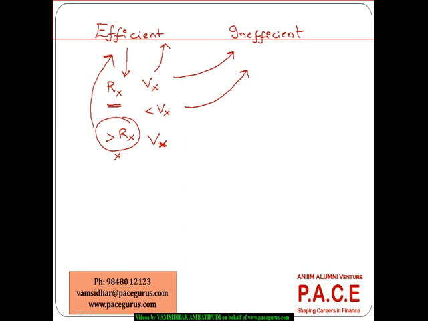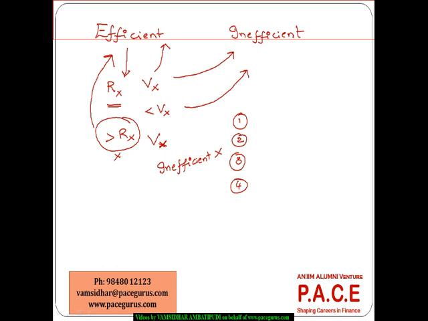So I will collect a list of all the efficient portfolios, and inefficient portfolios can be directly ignored. Any portfolio which is inefficient, I'll directly ignore it.